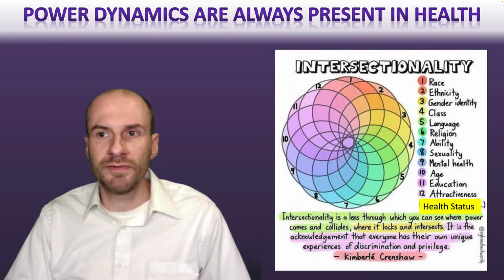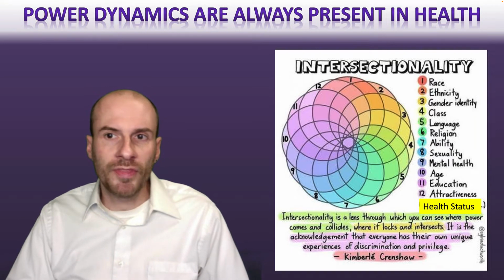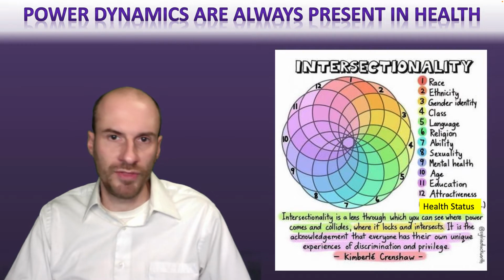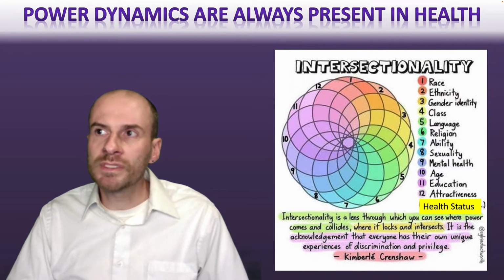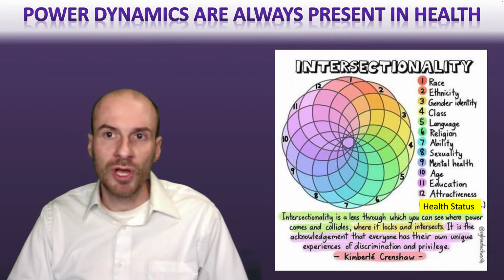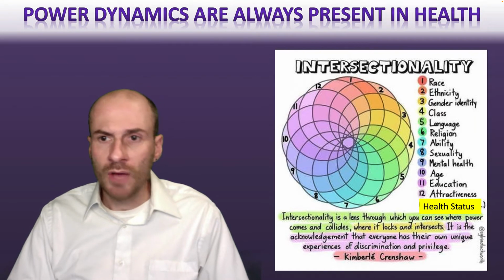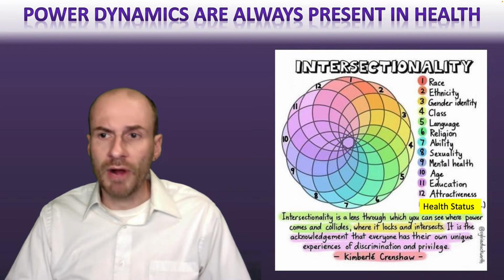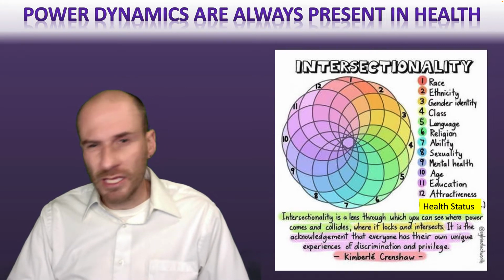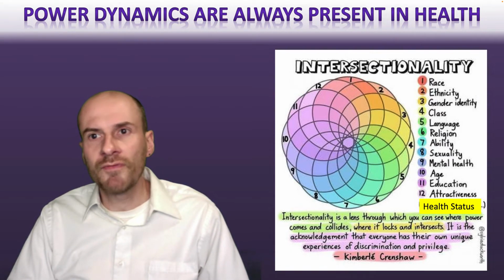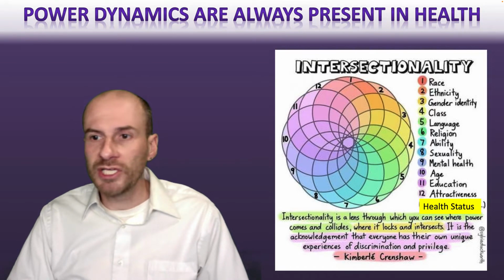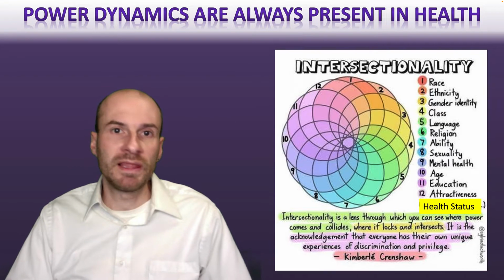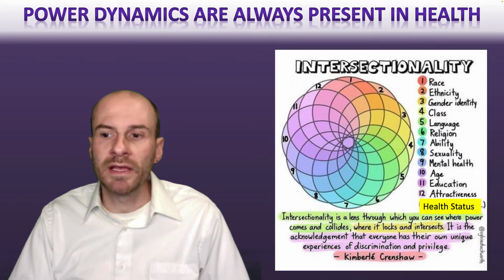So, addressing this in the context of health research, I want to point out that this intersectionality, these power dynamics, are inherent to health and health research, right? Sometimes we do certain types of health research or evidence-based practice programs, which seem to be pretty independent from some of these power dynamics in society. And they usually aren't. If you dig deep enough, you will start seeing relationships. I mean, it's hard to think about expensive procedures in the absence of class, for example, right?